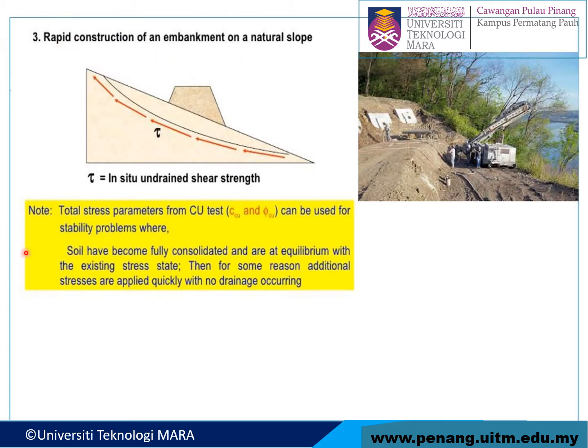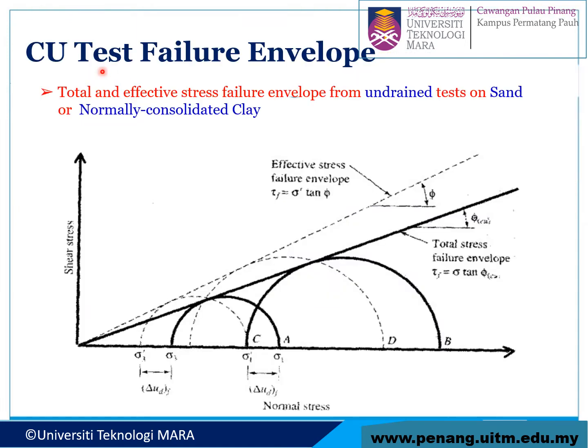Note that the total stress parameters from the CU test, CU and phi U, can be used for stability problems where the soil has become fully consolidated and is not at equilibrium with the existing stress state. Then, for some reason, additional stress is applied quickly with no drainage occurring.